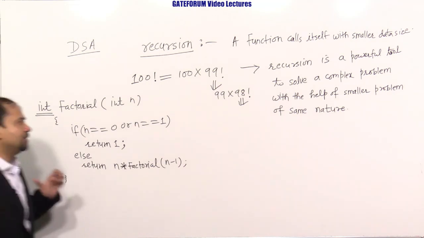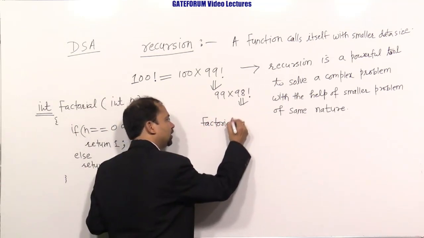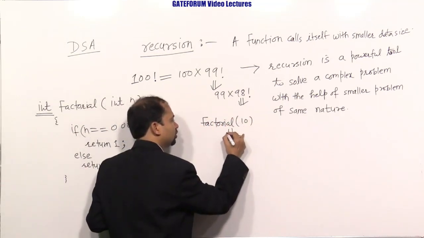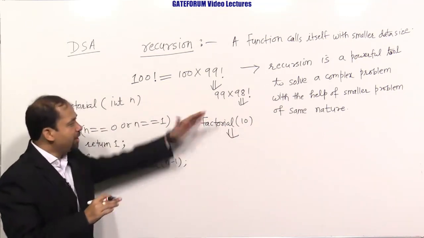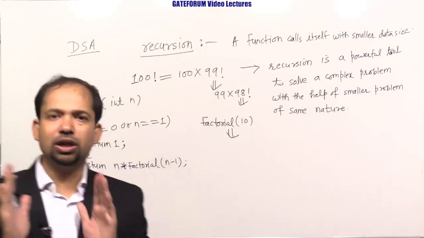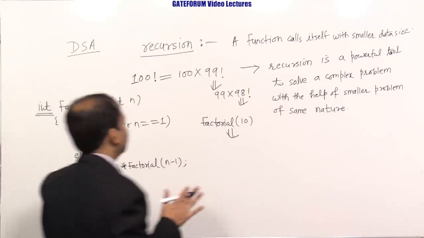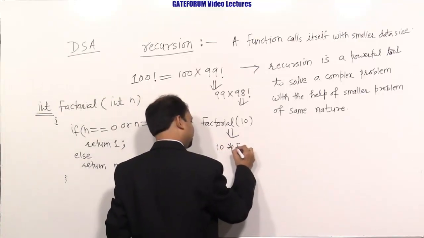Let's take an example. Suppose you call factorial 10. This base condition is not satisfied. Above it we have main, because main will control the execution. So this is going to call 10 times factorial of 9.